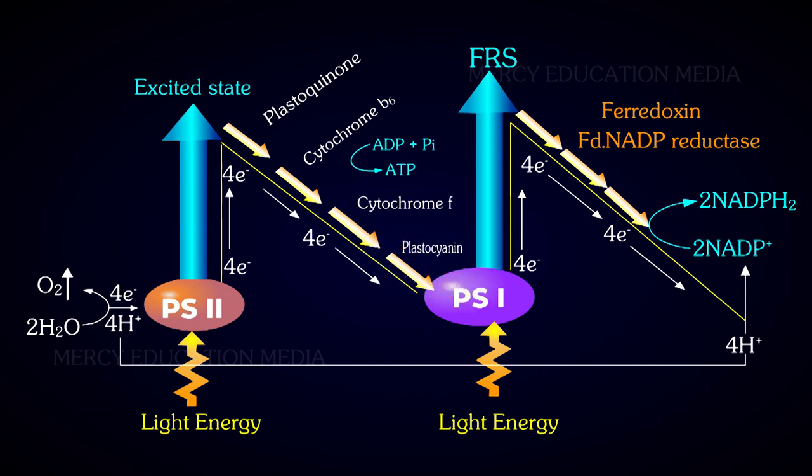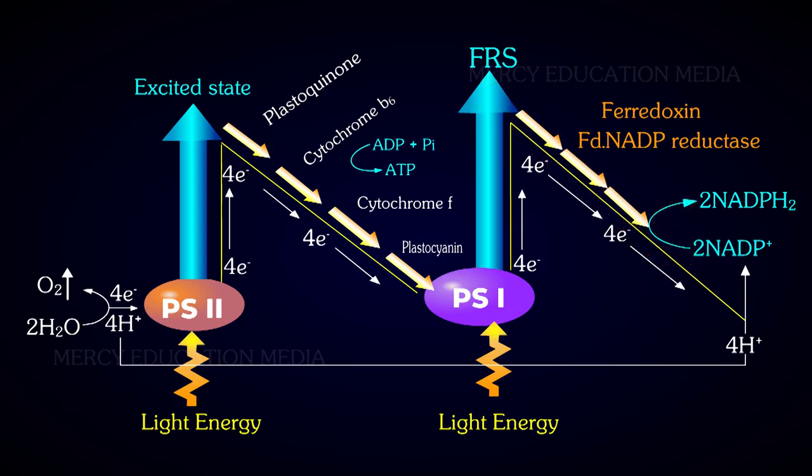When the electron is transported between plastoquinone and cytochrome f, ADP is phosphorylated to ATP. The hole in PS1 has been filled by the electron from PS2. Then the electrons are transferred from PS1 to NADP+ for reduction.